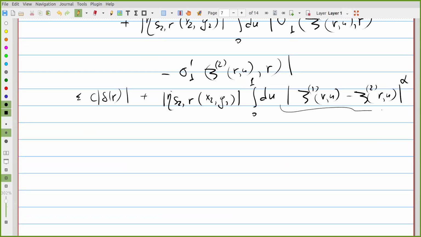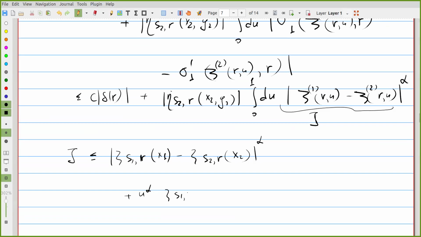Now, this expression can then be estimated directly and immediately as this Rx 1 minus xi s2r x2 to the power alpha plus u alpha xi s1r x1, maybe with some constant.